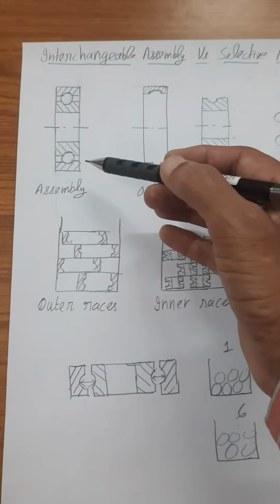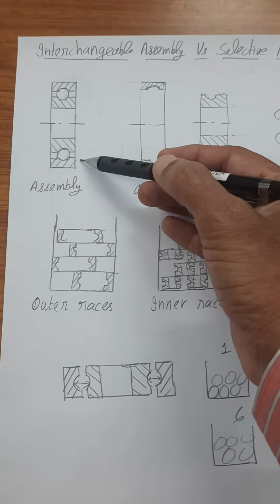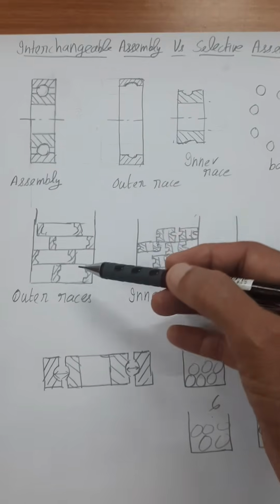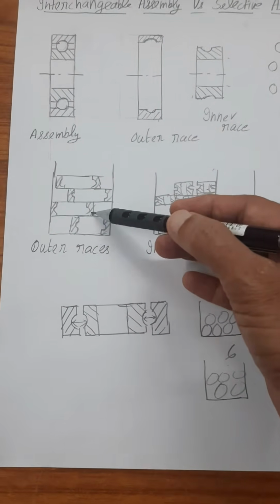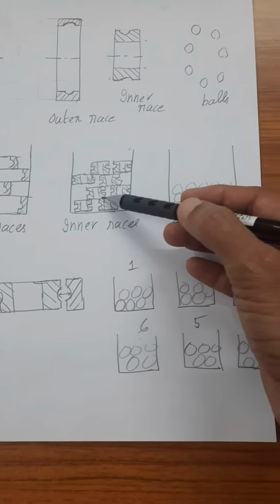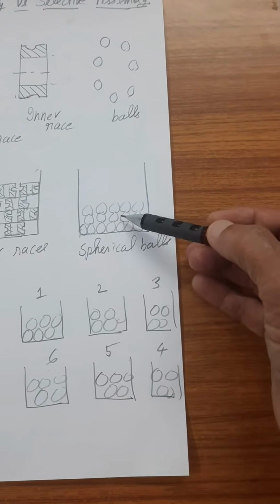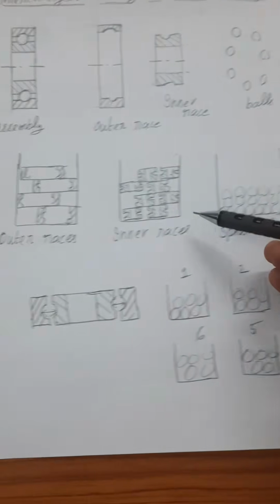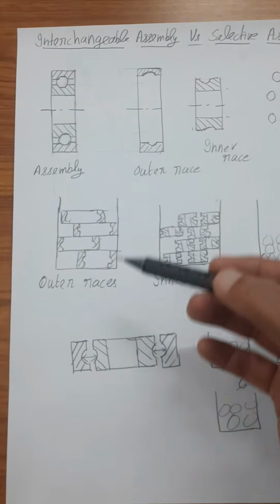Suppose we want to make 1000 ball bearing assemblies, then we have to produce 1000 outer races or outer rings, another 1000 inner races or inner rings, and then 7000 balls to get 1000 ball bearing assemblies.